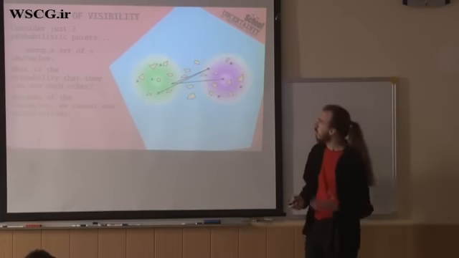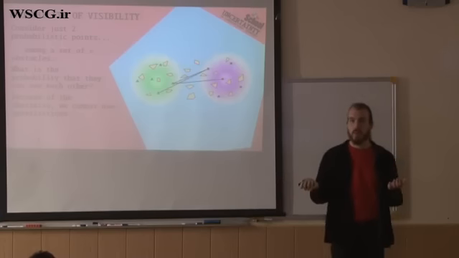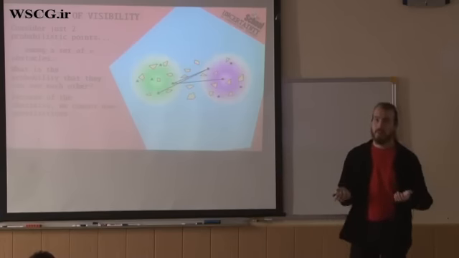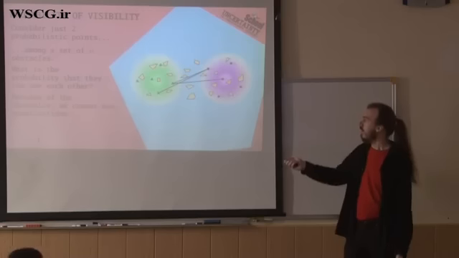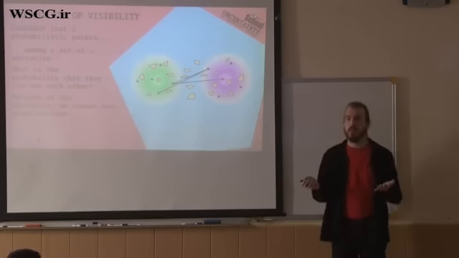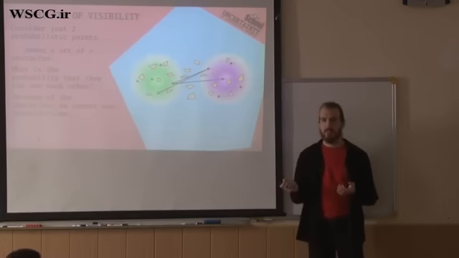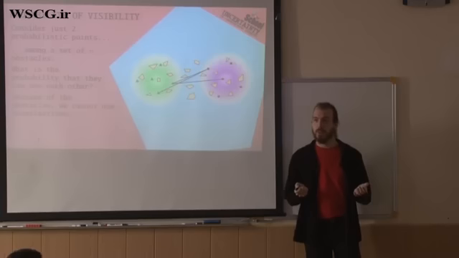So I say, well, I have 5 points on the left and 5 on the right. So I have 25 possible pairs. Only 3 of them can see each other. So the probability that these 2 points can see each other is 3 over 25. Okay, so it's a different number than 1, which we computed before.